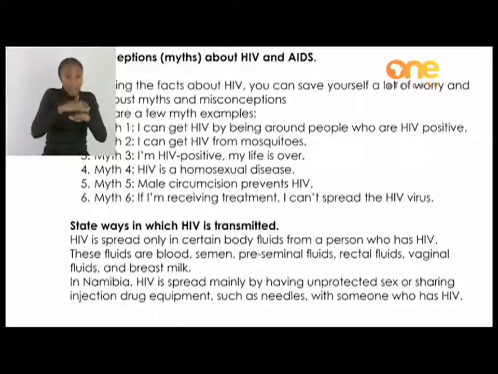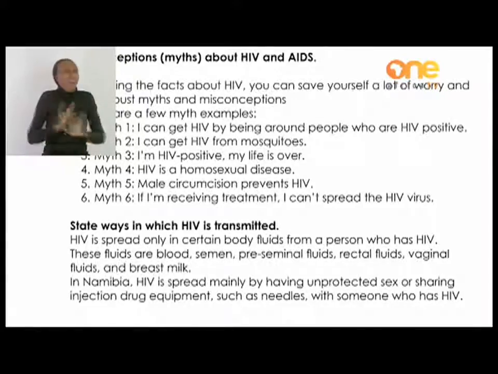Examples of these myths. Number 1, I can get HIV by being around people who are HIV positive, which is actually not true. There is no way you can just get HIV from being around someone. Myth number 2, I can get HIV from a mosquito.